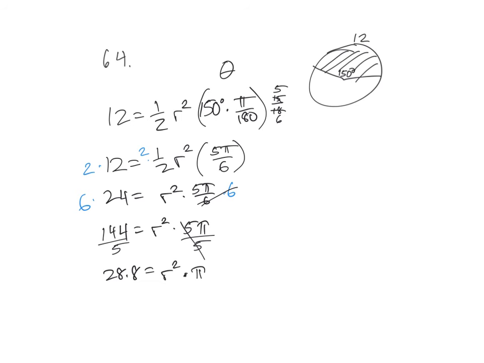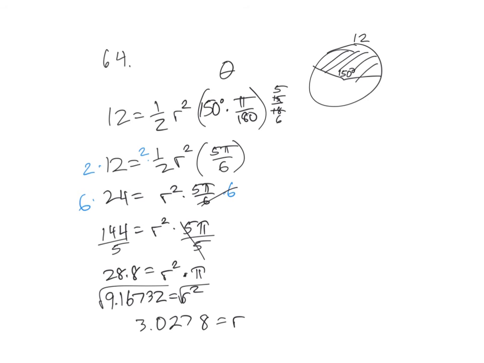So now we divide by the actual number pi, and I get 9.16732, and that's equal to r squared. Take the square root of that, and 3.0278 is r.